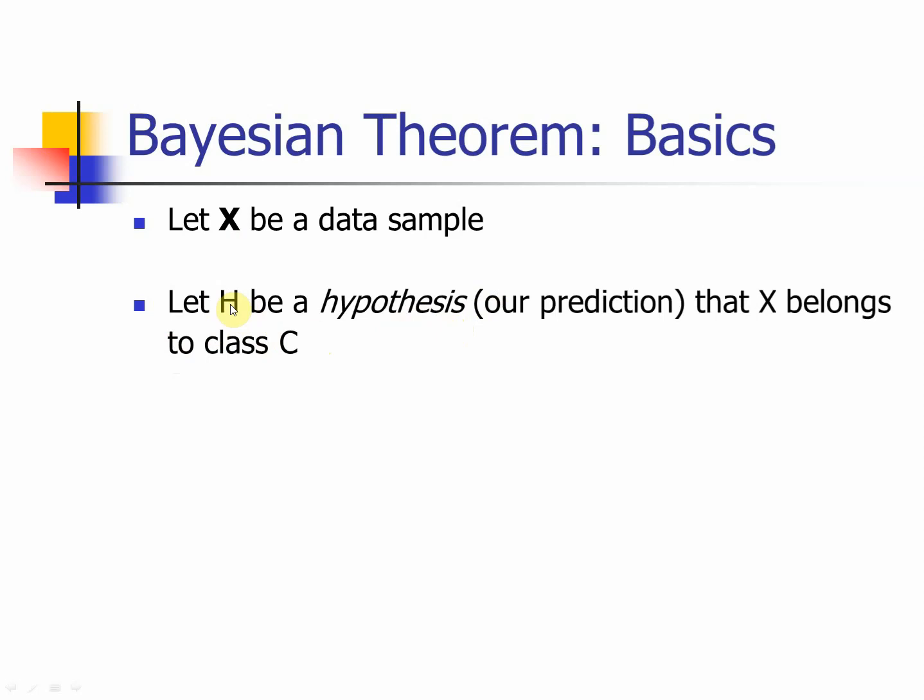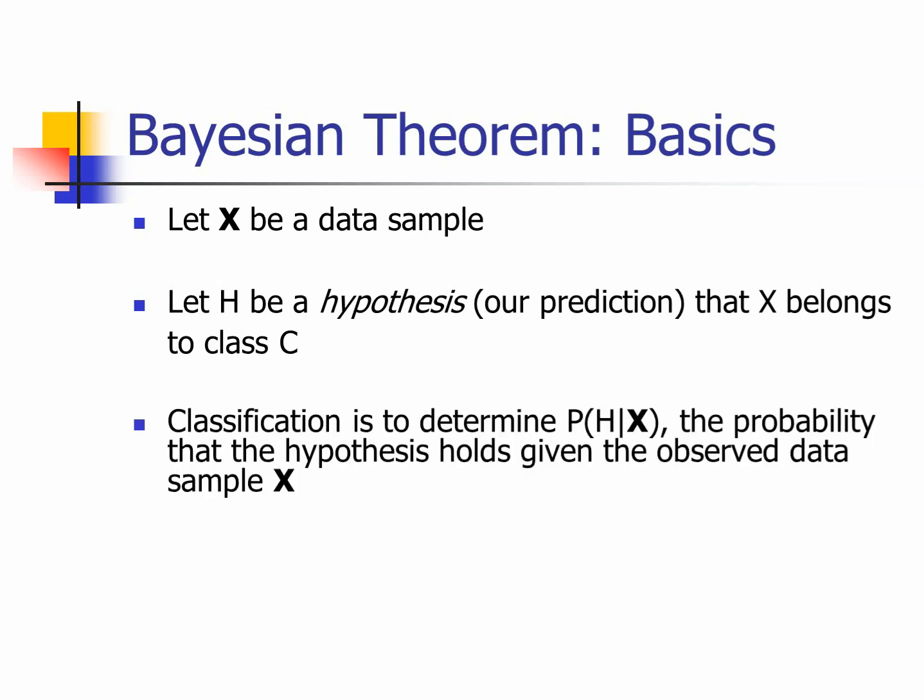One hypothesis is that this X is going to buy a computer. The other hypothesis is that this person is not going to buy a computer. Basically, we want to compare the probability of the two hypotheses. The one with the higher probability is the one that we use to make our prediction.